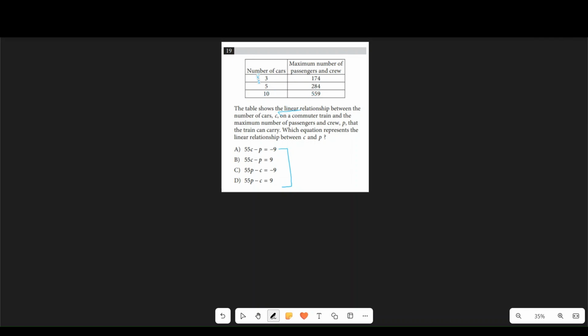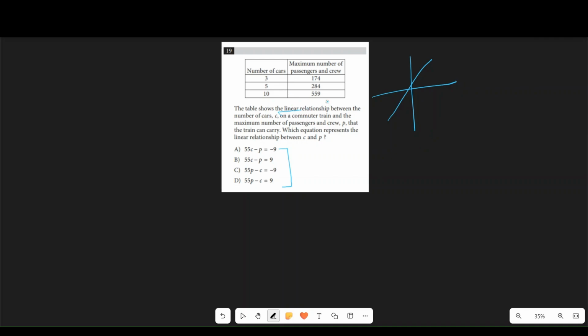So this would basically be a function of the number of cars and how that relates to the maximum number of passengers. Also, since it's a linear relationship, if we were to plot this out on a graph in an XY plane, linear relationship simply means that it would be some line on the XY plane. That gives us another hint as to how we can solve this.